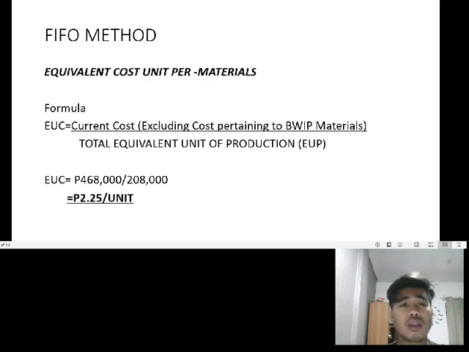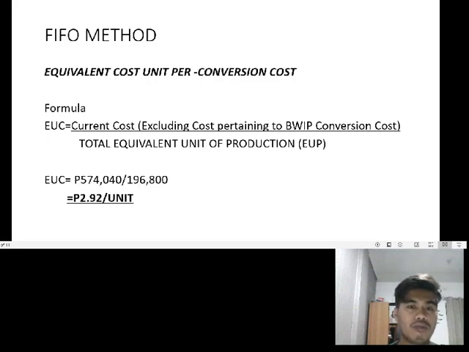Again, when we are talking about EUC, equivalent cost per unit, kailangan natin is yung current cost of the materials over the EUP. Same also with the conversion cost.